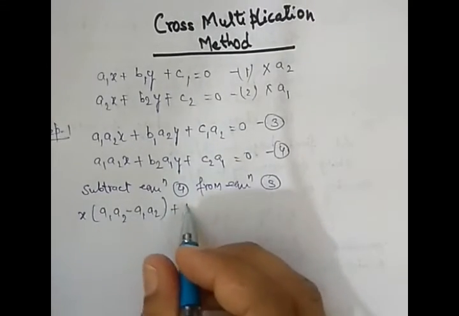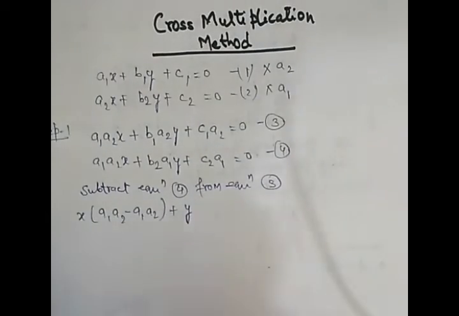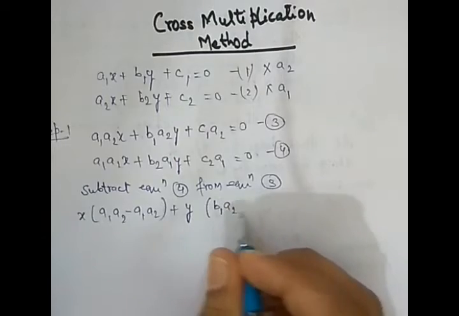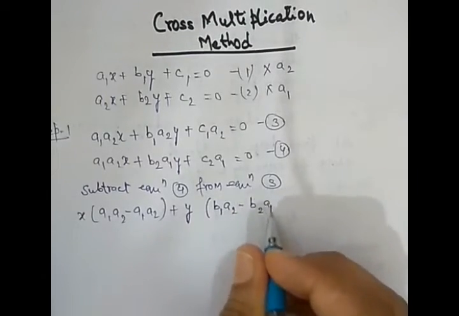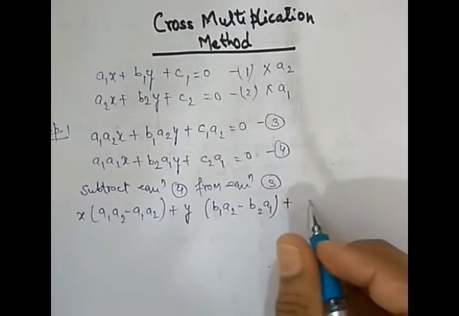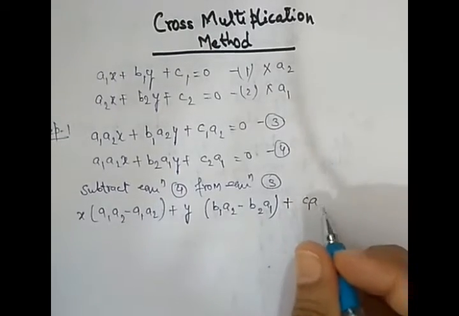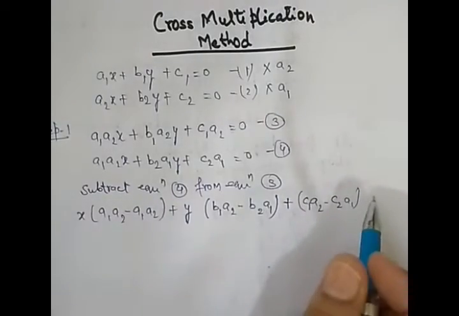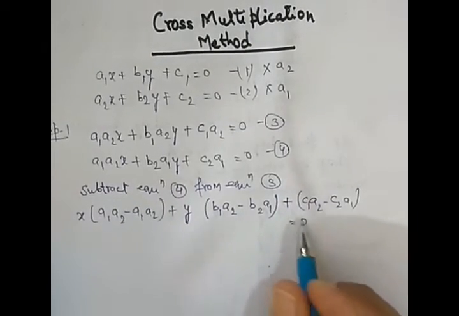Here you will get y times b1 a2 minus b2 a1 plus c1 a2 minus c2 a1, and this will be equal to 0.